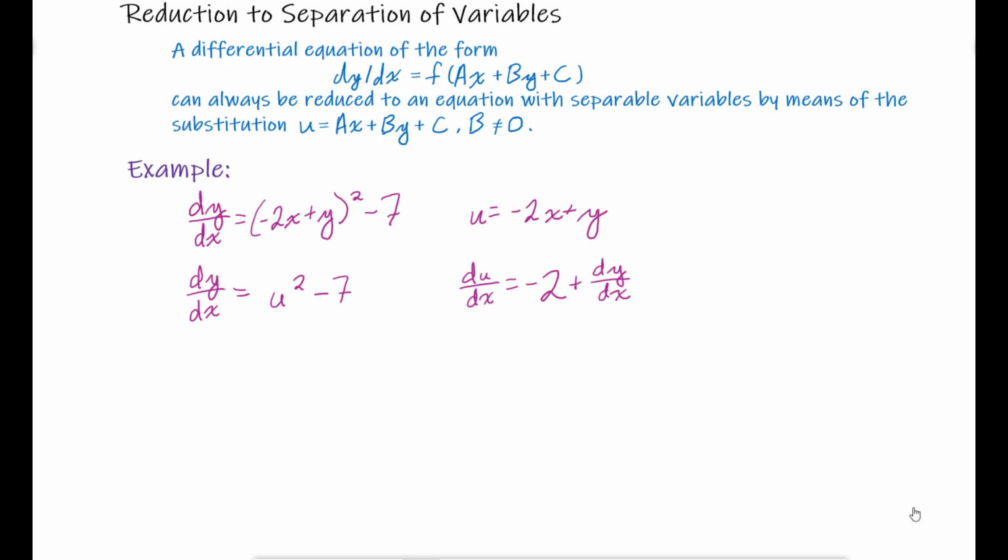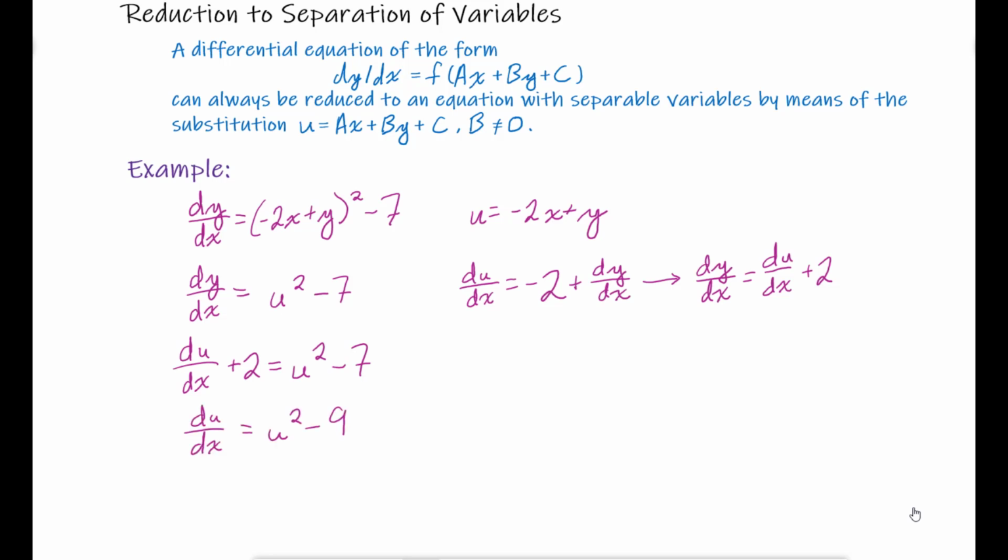So to figure out what to substitute for dy/dx, I'm going to solve this new equation for dy/dx. And it's going to tell me that I have du/dx plus 2 that I should substitute in for dy/dx. So let's make that substitution. So now I have du/dx plus 2 equals u squared minus 7. If I subtract 2 to the other side, then I have du/dx equals u squared minus 9.